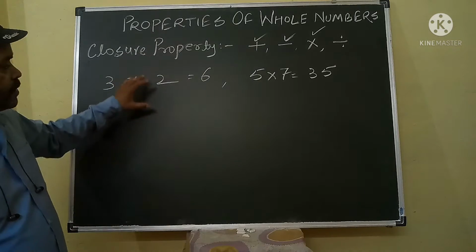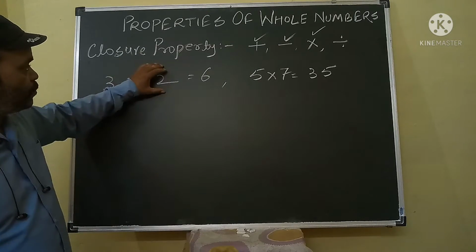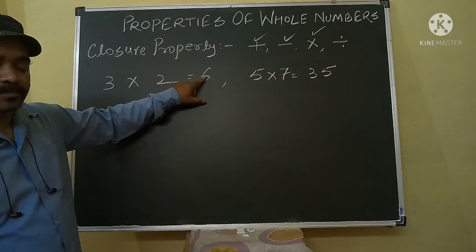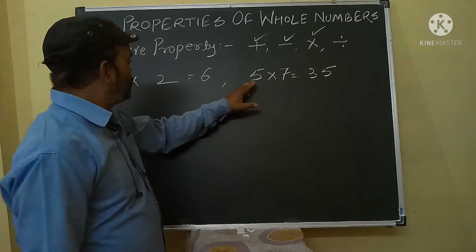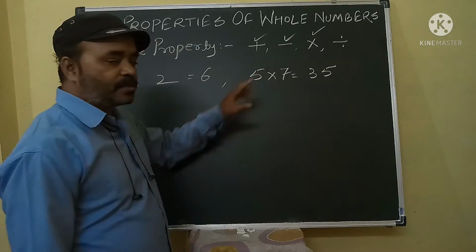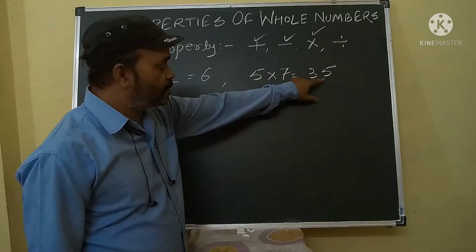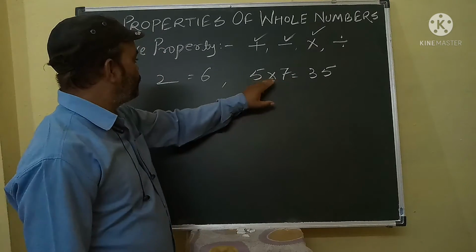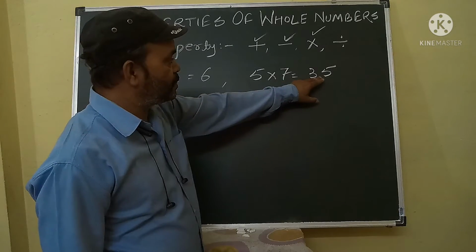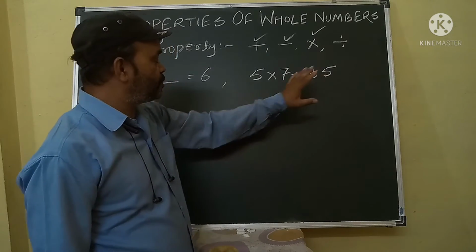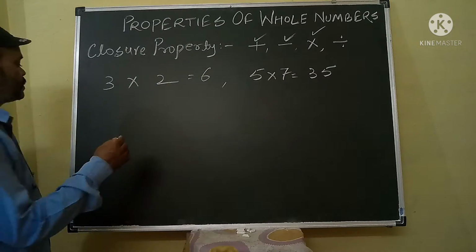So in the first example, the product of two whole numbers is a whole number, 6. In the second example, the product is 35, which is also a whole number. That means whole numbers are closed.